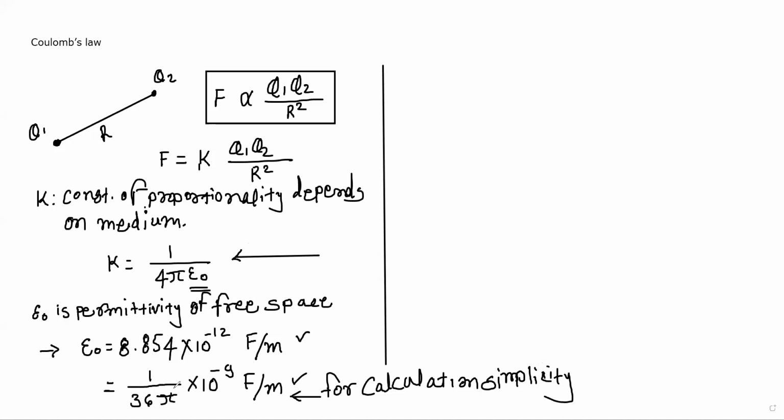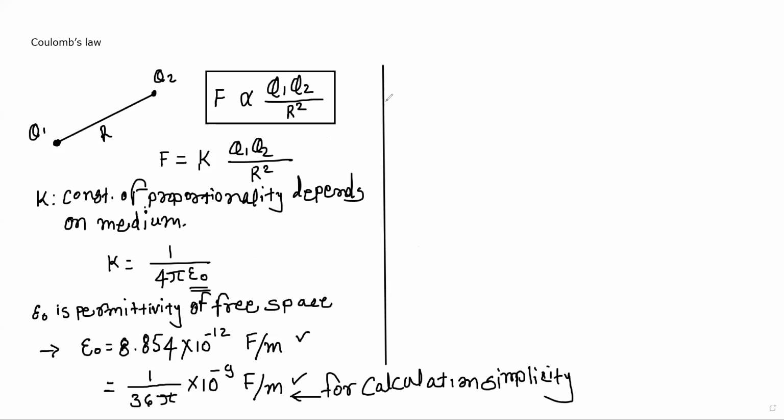So when you take this as 36 pi, this pi gets cancelled, right? So this is just for calculation simplicity. Either you can go for 8.854 into 10 raised to minus 12, or you can go for 1 upon 36 pi into 10 raised to minus 9 farad per meter, it is the same, right? This is for free space, farad per meter.